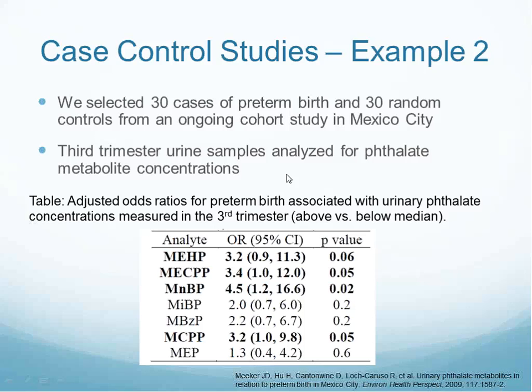So we went back to the freezers and we took 3rd trimester urine samples from both groups and had them analyzed for the phthalate metabolites. And we calculated our odds ratios. These were adjusted for things like age and pre-pregnancy BMI, et cetera. And we looked at above versus below the median level of these metabolites, and we found increased odds of preterm birth in relation to a number of these phthalate metabolites.